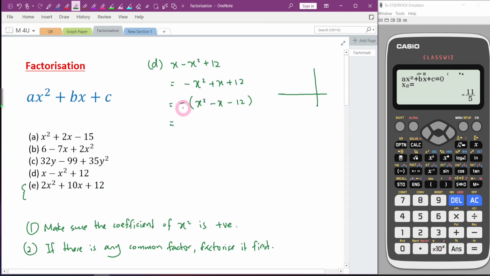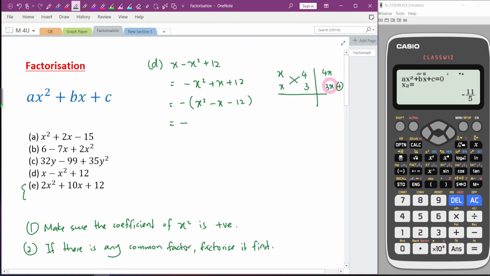Okay, I'm going to copy the negative sign, and here I'm going to use this method to do the factorization for this part. x times x, negative 12. Okay, just think about 12. So here I'm going to use 4, 3. This will be 4x, this will be 3x, plus.